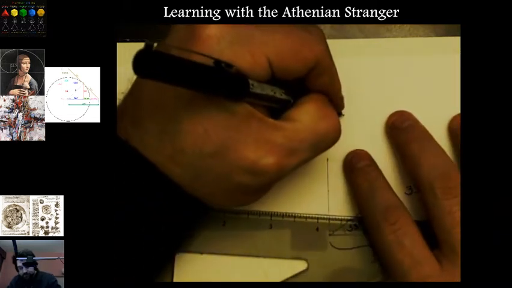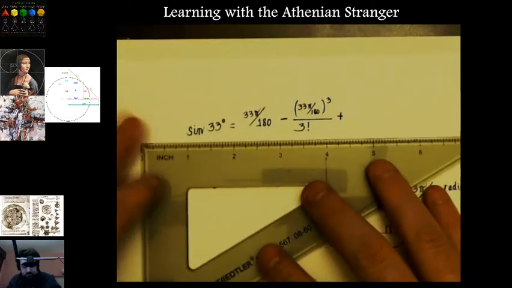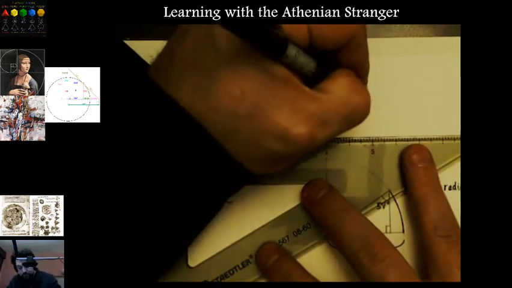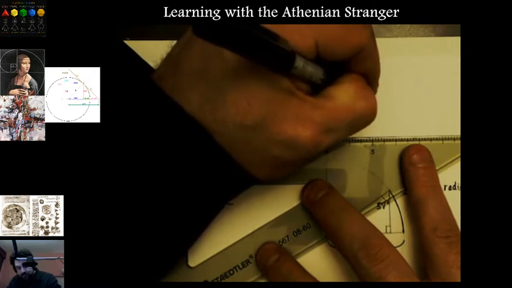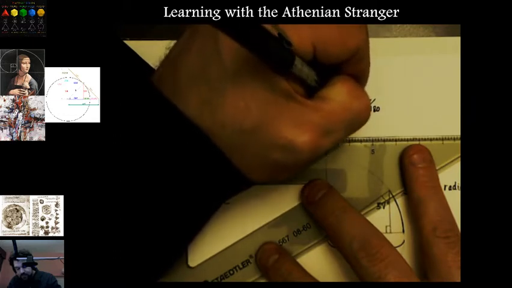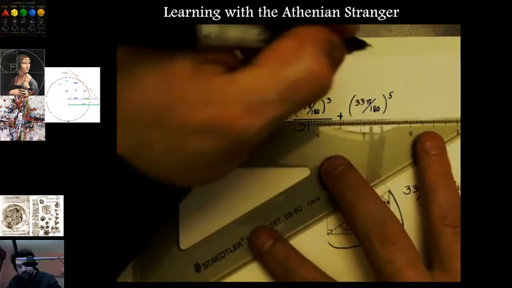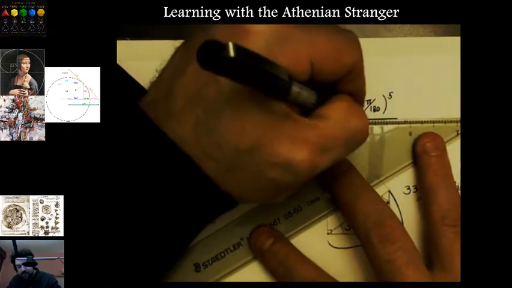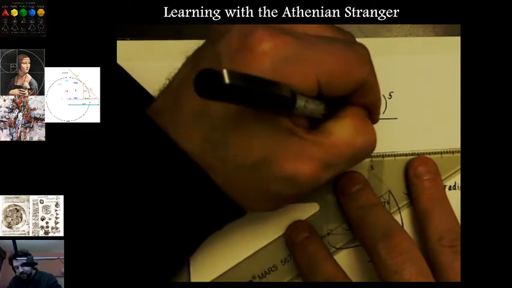Plus 33 pi over 180 raised to the fifth power divided by 5 factorial.